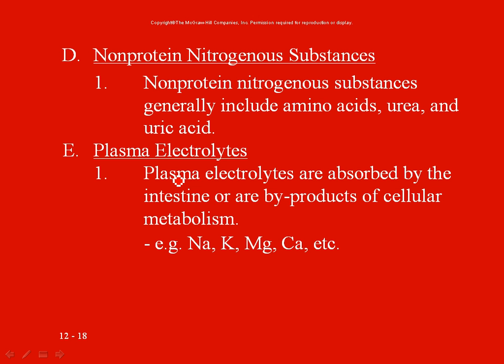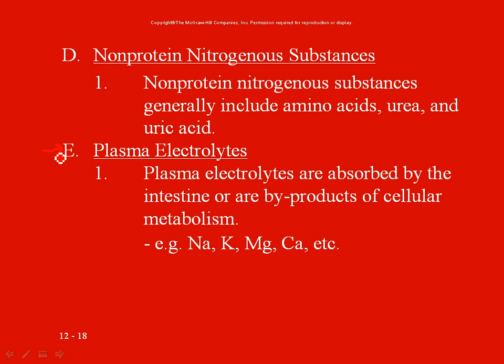Transport of waste products. You have waste products that are coming from metabolism, things like urea and uric acid. Those are things that are going to be produced by the cell during its metabolic activities. We want to get rid of them before they become toxic to the cell. Electrolytes. Electrolytes are basically ions.